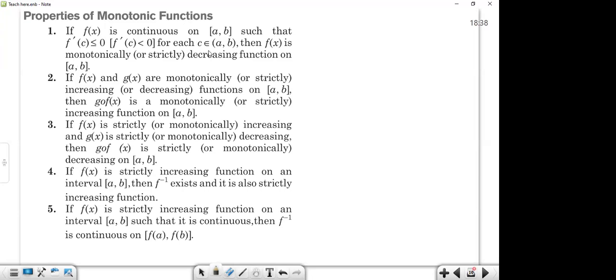If f(x) and g(x) are monotonically increasing on (a, b), then g of f, the composite function, is a monotonically or strictly increasing function. If f(x) is increasing and g(x) is decreasing, then the composite is strictly decreasing on (a, b). These two conditions are about composite functions.